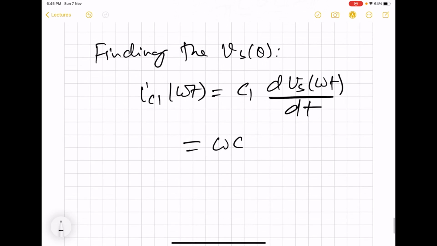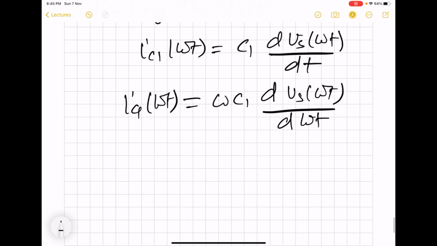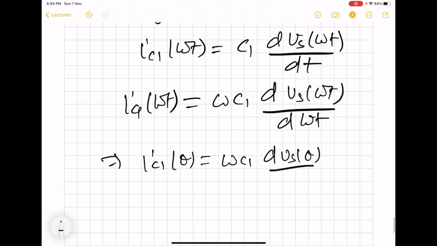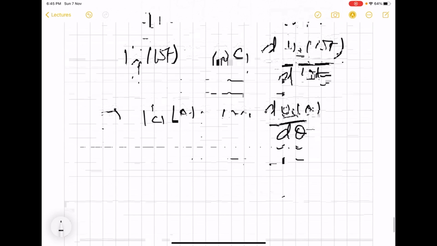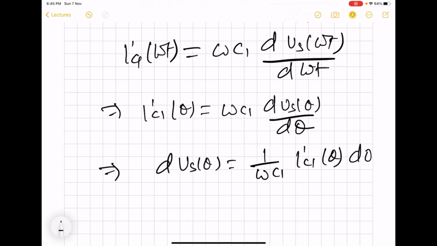So here we can write this as d Vs(omega t) by d(omega t), IC1(omega t). So in terms of theta, we can write IC1(theta) is equal to omega C1 dVs(theta) by d theta. So this says that dVs(theta) is equal to 1 by omega C1 times IC1(theta) d theta.